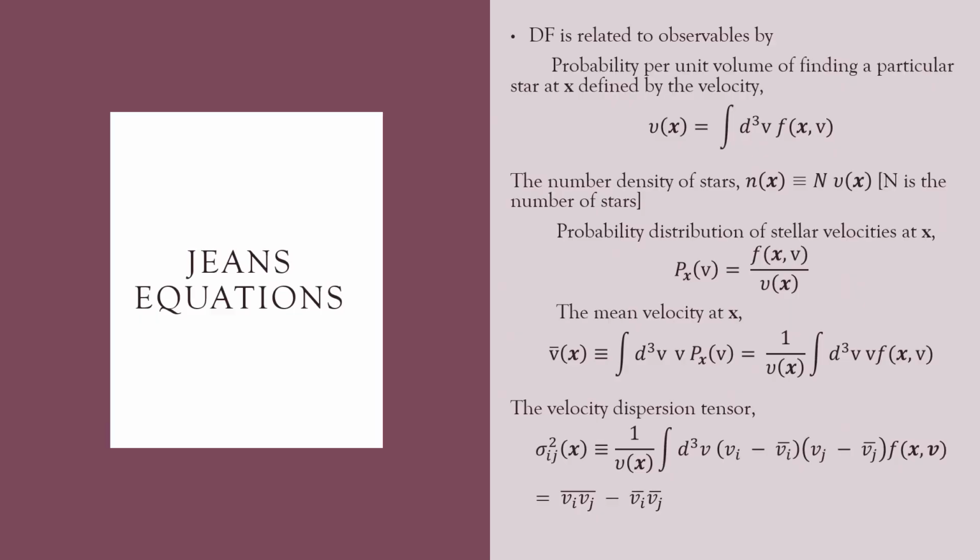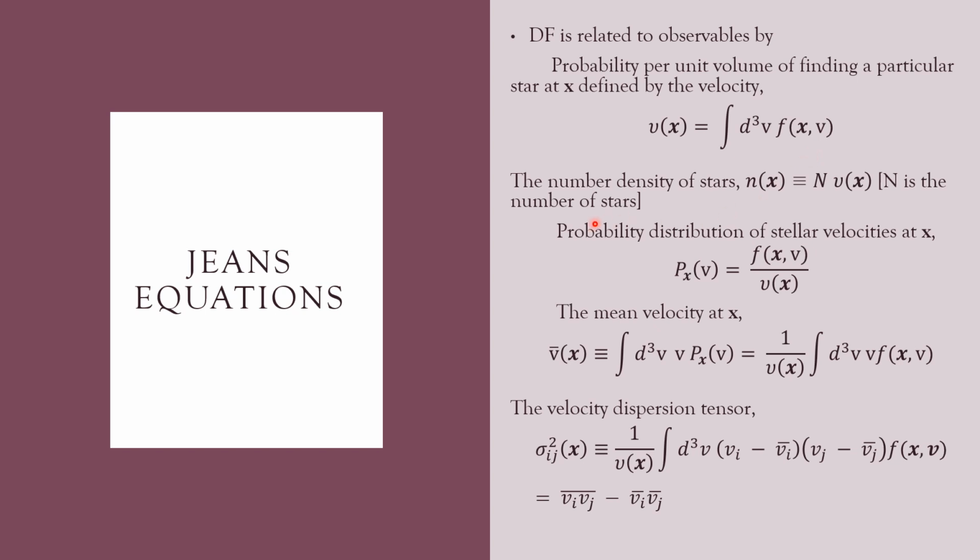For proving Jeans equations, we need to establish the connection between the distribution function and observables by defining several key quantities. The probability per unit volume of finding a particular star at position x, regardless of its velocity, is equal to the integration over d³v of f(x, v).